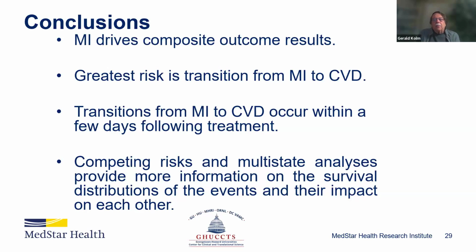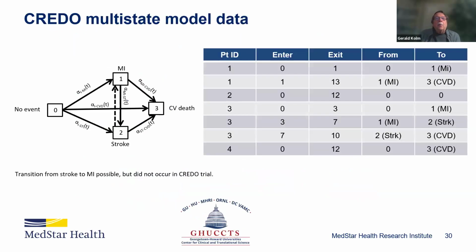But the bottom line here is that competing risk and multi-state analysis provide more information on the survival distributions of the events and their impact on each other, rather than analyzing each one separately.